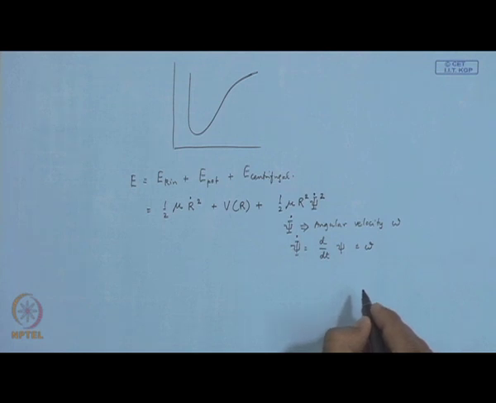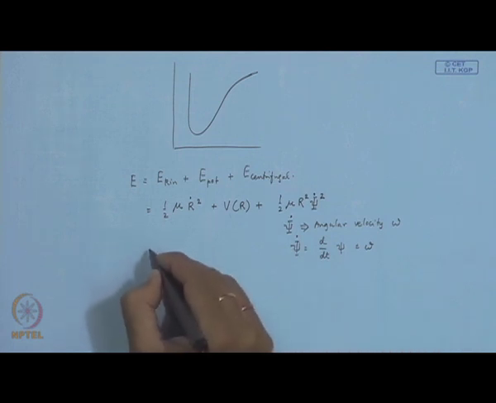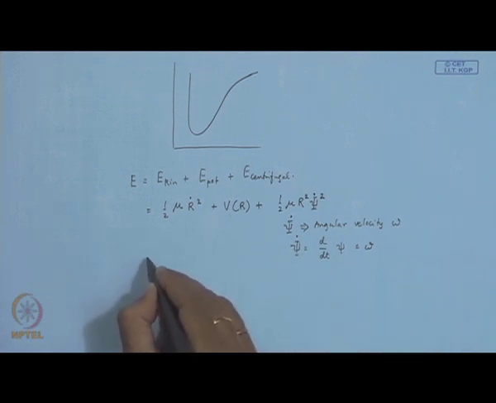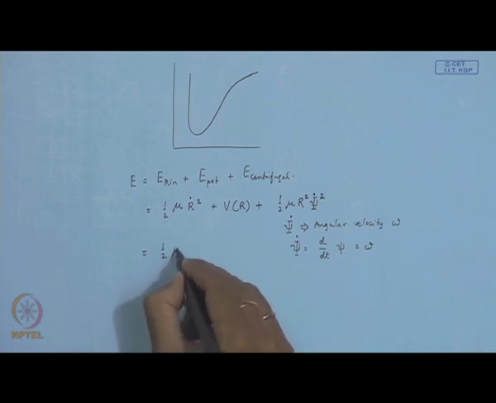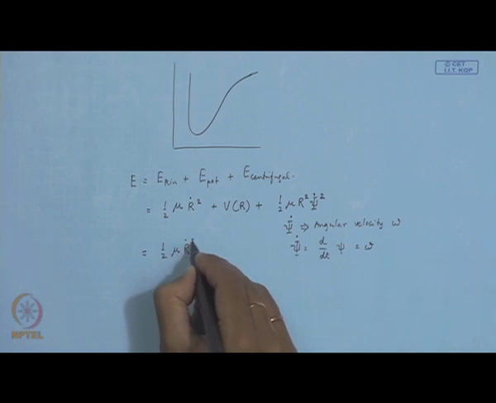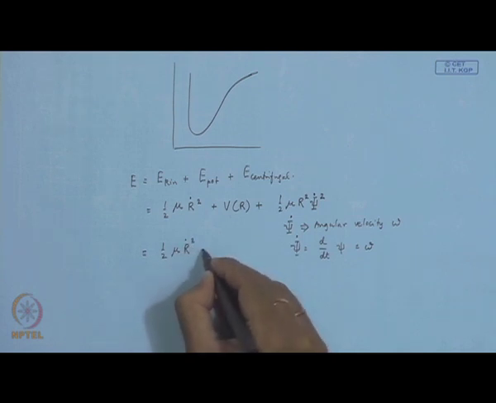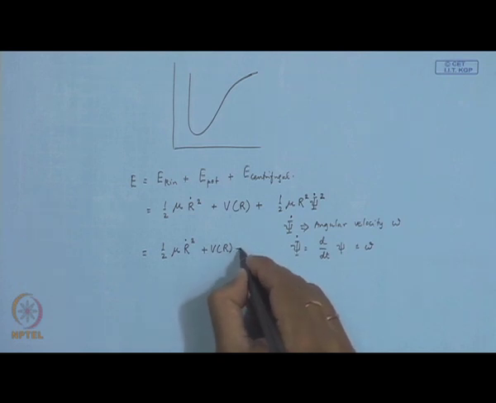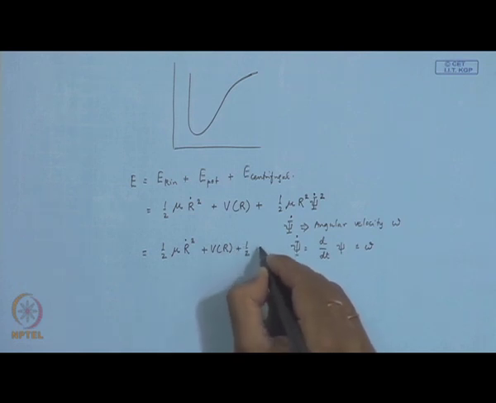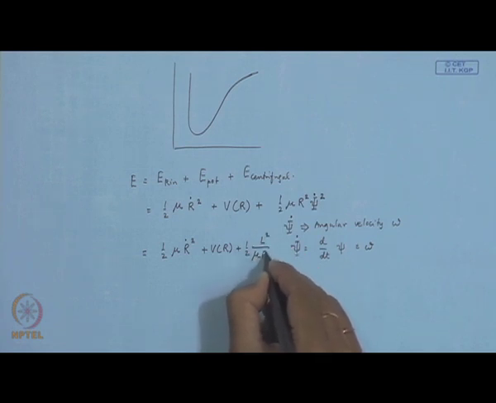Basically you can write half mu r dot square plus V of r plus half L square by mu r square.